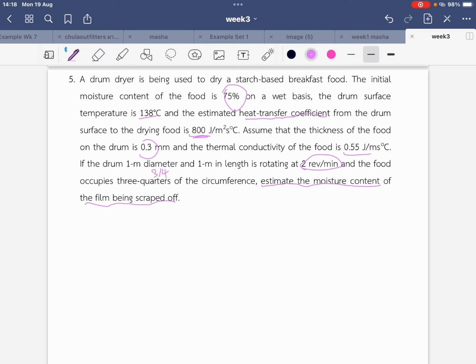So the drum dryer is like this. And it's 2 rev per minute. Occupy is 3/4.